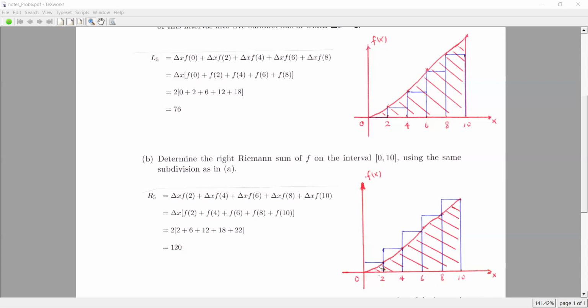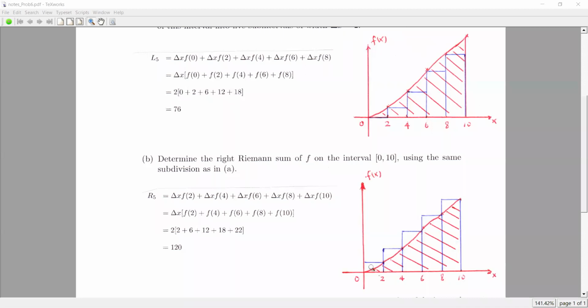The sum of the areas of these 5 rectangles is the right Riemann sum in Part B. The notation is R5. R means right. 5 is the number of the rectangles.